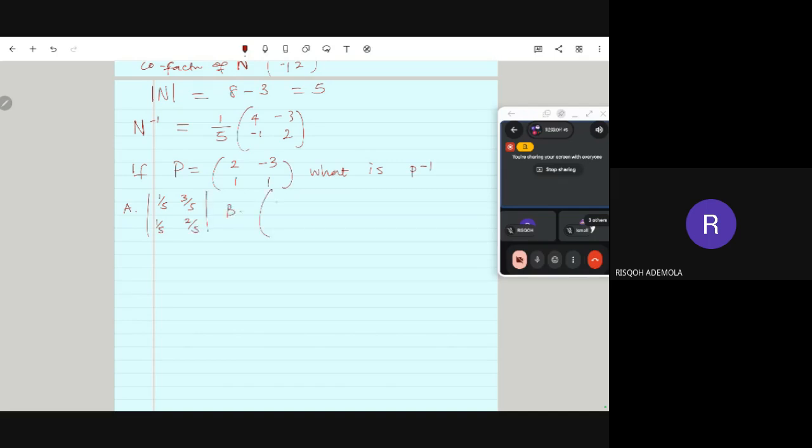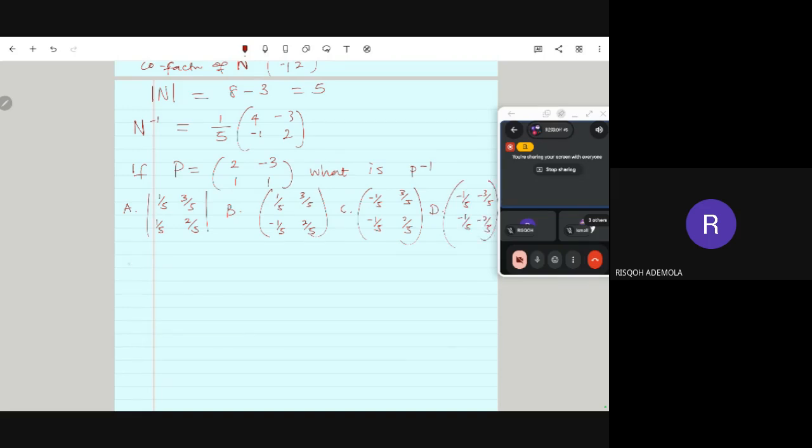B, 1 over 5, 3 over 5, negative 1 over 5, 2 over 5. C, negative 1 over 5, 3 over 5, negative 1 over 5, 2 over 5. D, negative 1 over 5, negative 3 over 5, negative 1 over 5, negative 2 over 5.